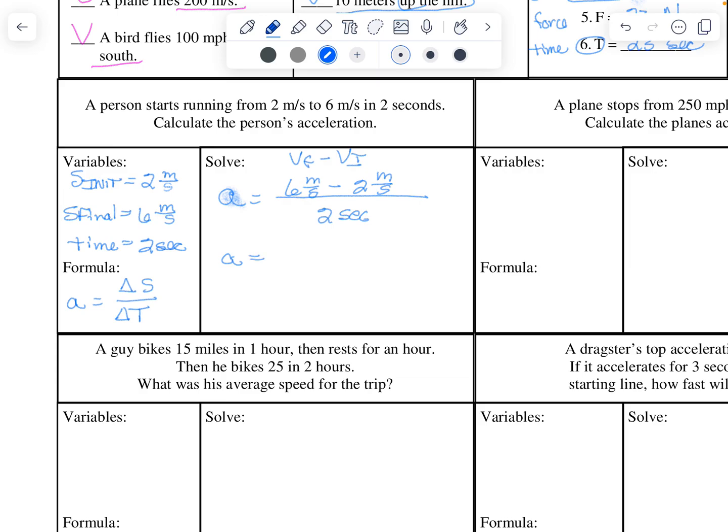My acceleration will equal 4 meters per second divided by 2 seconds. My acceleration will equal 2 meters per second squared. Box your answer, put a cloud around your answer, and make sure you've written every single thing down here, every little item. Okay, let's move on.